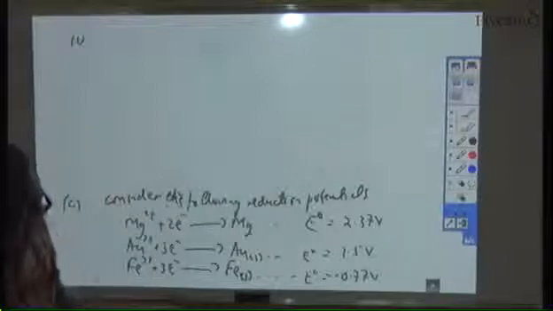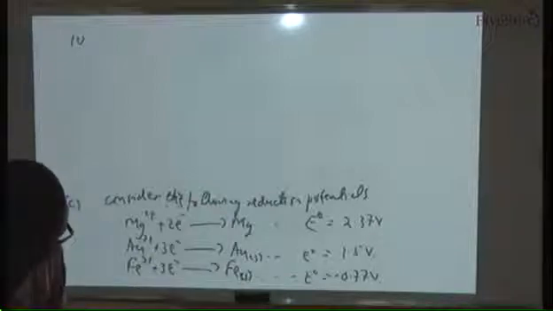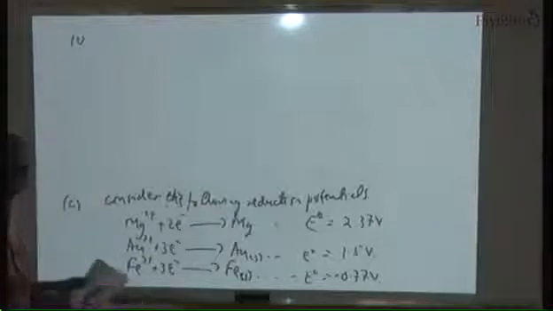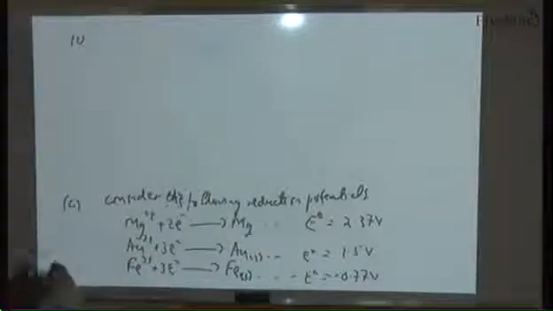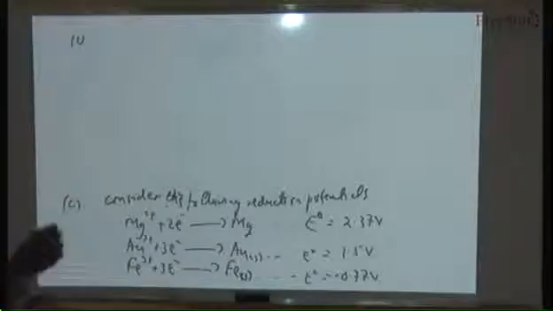Now, the criteria to be used when you are choosing a good metal protector is that a good one should have a more negative potential than iron.